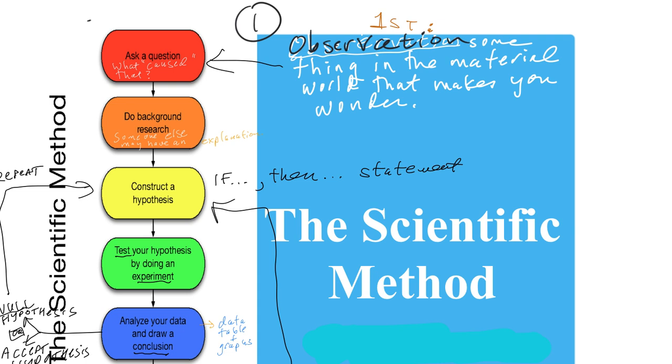Okay, the second step would be after you observe something of interest, you say, well, what caused that? Or why is that happening? So you ask a question. Maybe you ask somebody, well, why is my finger hurting here?